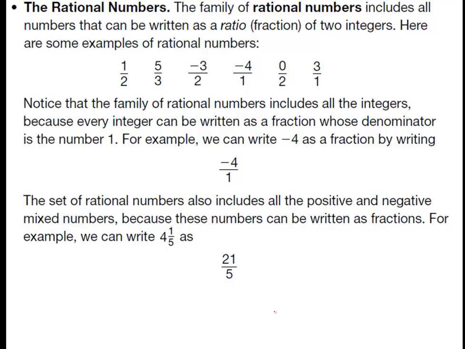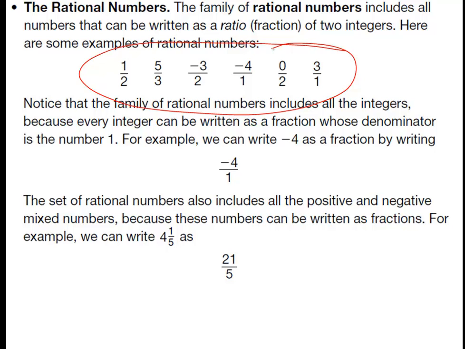Now the family of rational numbers includes all of those numbers that can be written as a ratio. So the rational numbers are all of those numbers that fell between the whole numbers and the integers. So 1/2, 5/3, 0 over 2, 3 over 1, those are rational numbers. And notice that the family of rational numbers includes all of the integers, because every integer can be written as a fraction whose denominator is 1.